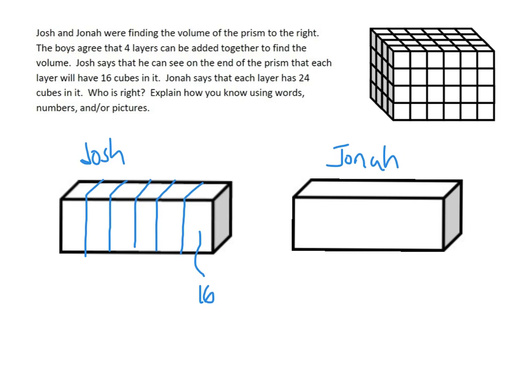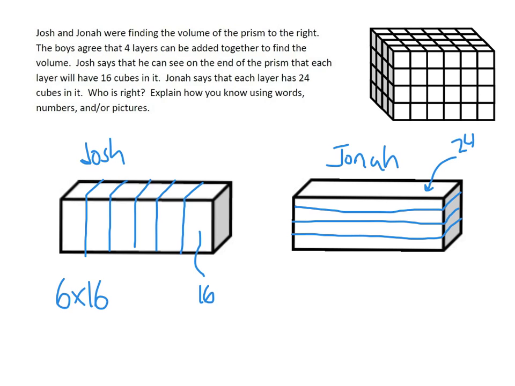Josh sees 16 on the end there, and so he must be cutting it as I've got drawn right here. And I have 1, 2, 3, 4, 5, 6 layers of 16 is what Josh is showing. Now here's what Jonah is showing. He's cutting it top to bottom.